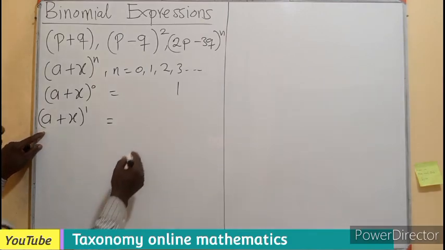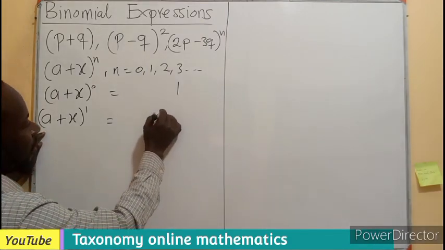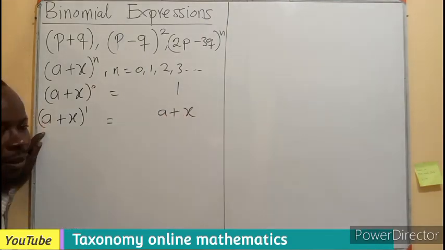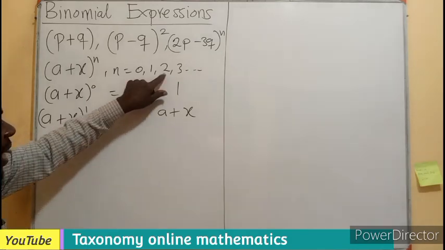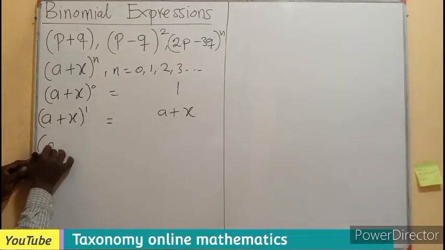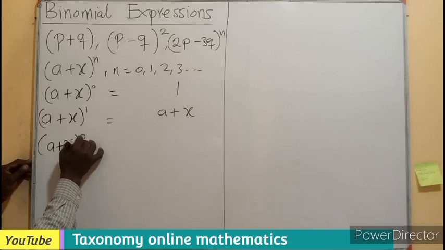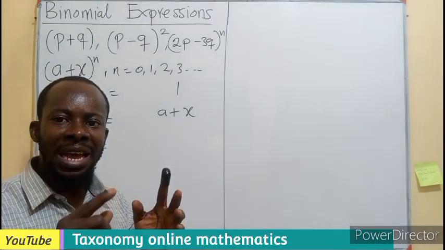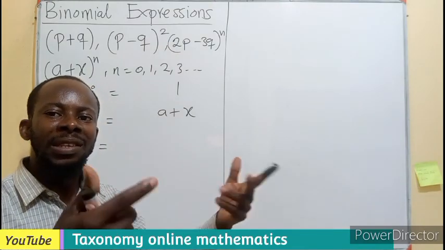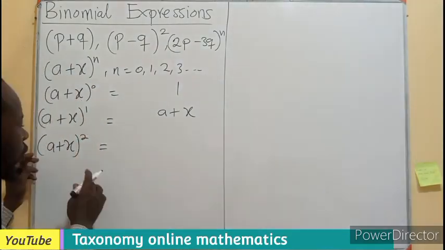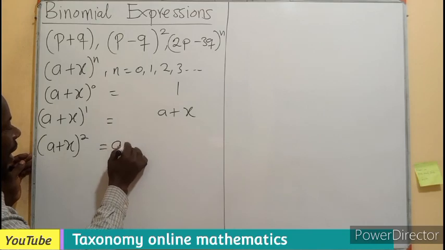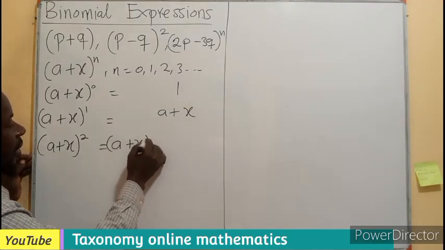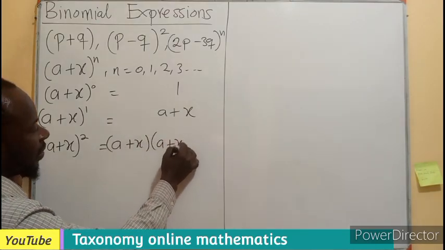So this will give us our a plus x back. Let's go further and say that we have our a plus x exponent of 2. We are aware that this simply means a number raised to the power 2 multiplied by itself 2 times. So this could also be written as a plus x times a plus x.